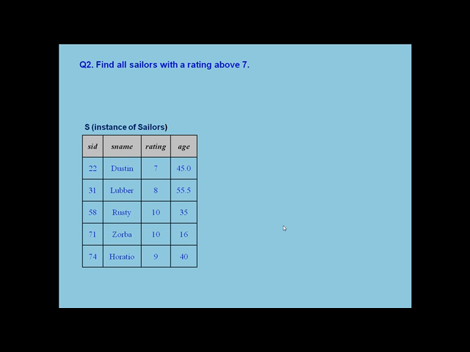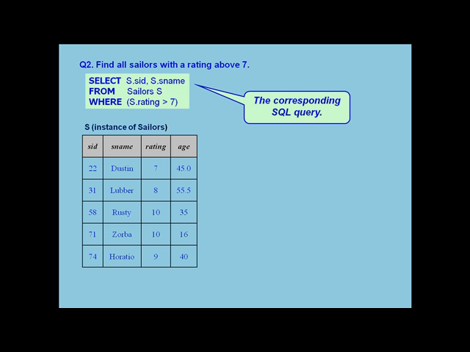Query 2. Find all sailors with a rating above 7. We have instance of sailors with the next columns: sid, sname, rating, age. You can see the text of select statement.